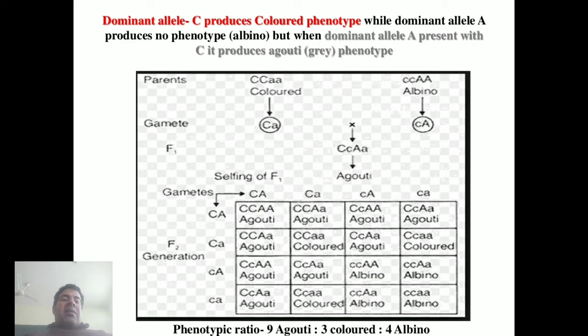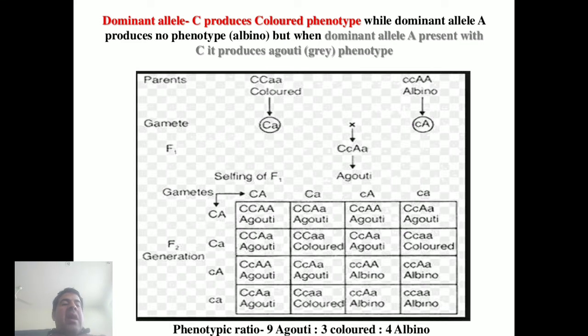In the F1 generation, for the F2 generation we self, and gametes are formed as shown. Notice that CCAA produces agouti color, agouti in every case, but in the case of lowercase cc with uppercase AA, it produces albino color.